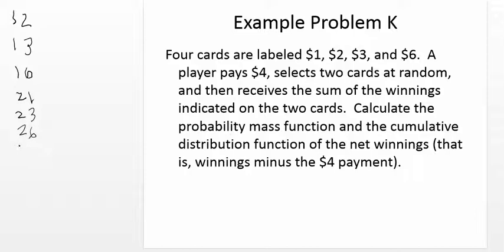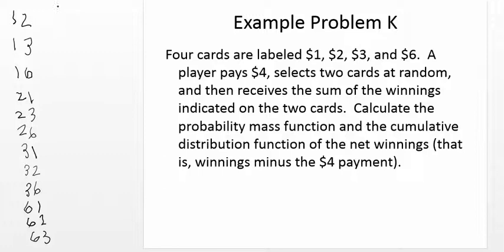Then we could have the first card is a 3, the second card is a 1, first card is a 3, the second card is a 2, first card is a 3, second card is a 6. Then we have first card is a 6, the next card is a 1, then we have 6 and 2, and finally 6 and 3. And those are all the possibilities.